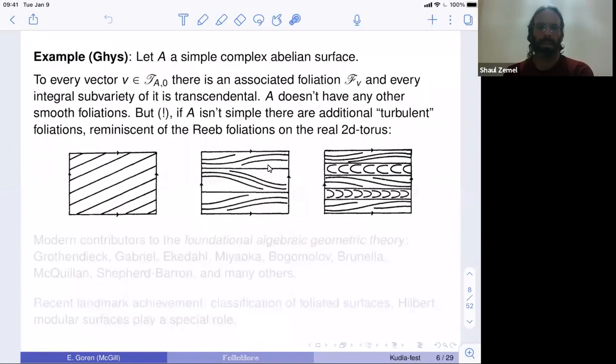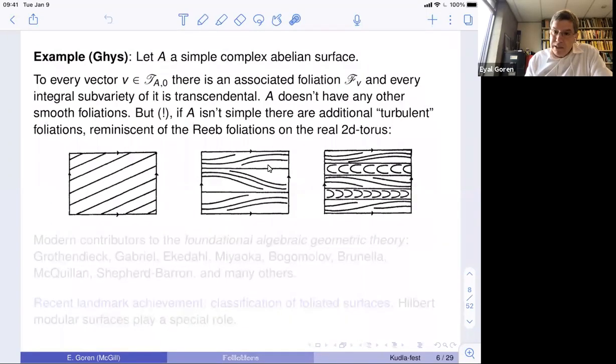Yeah, these examples that you gave, you can do them also in the algebraic setting, not only in the transcendental. Yes, yes. So this is really in an algebraic setting. Okay. And here, just to give an indication of what's going on, I'm drawing the analog for two-dimensional real tori.